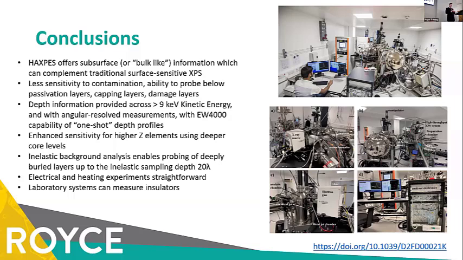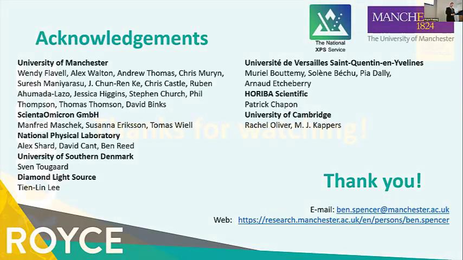We get enhanced sensitivity for higher Z elements, as has been seen now. You solve the issue of Auger peaks being in the way. You can look at core levels from different elements that are separated better. We can get a greater ultimate probing depth using inelastic background measurements, and in the lab, electrical heating measurements and measurements of insulators are just a lot more straightforward. So with that, I'll just thank everyone that's contributed to that, and thank you for listening.